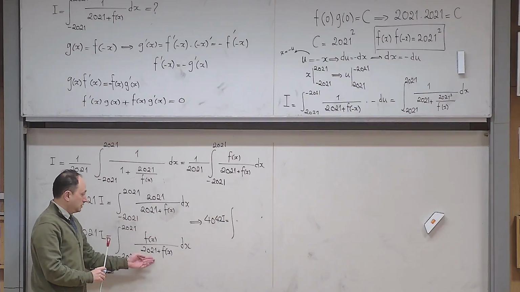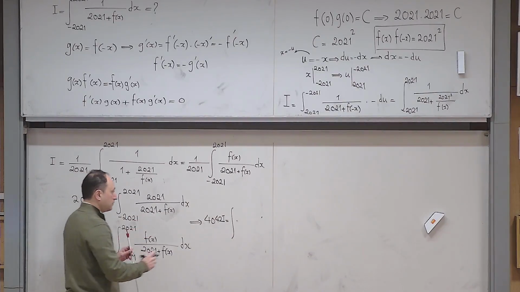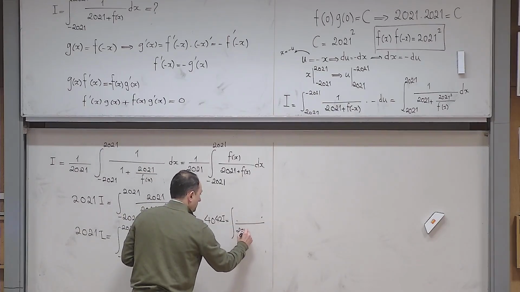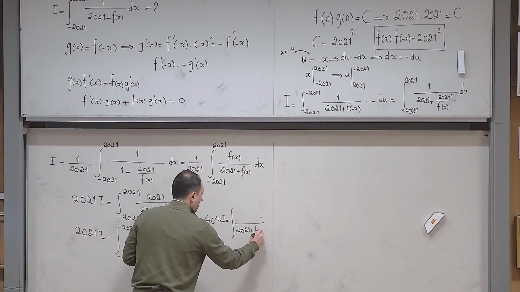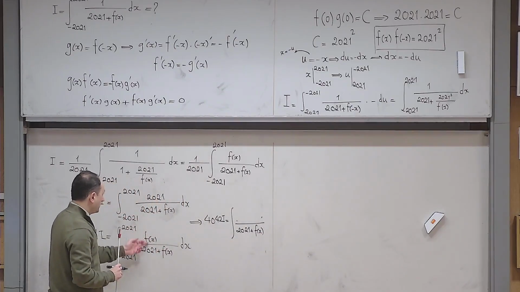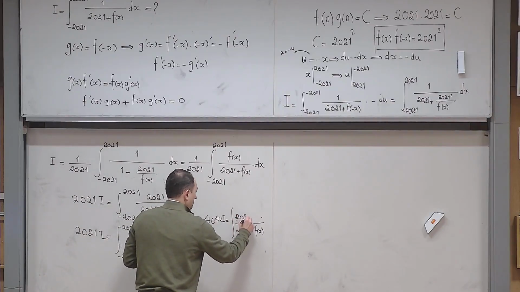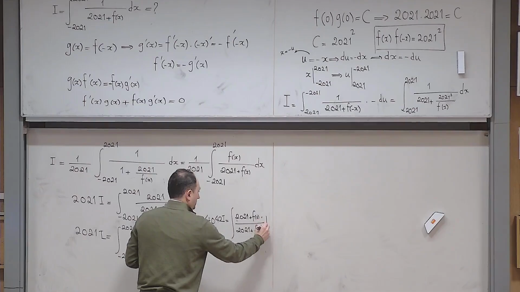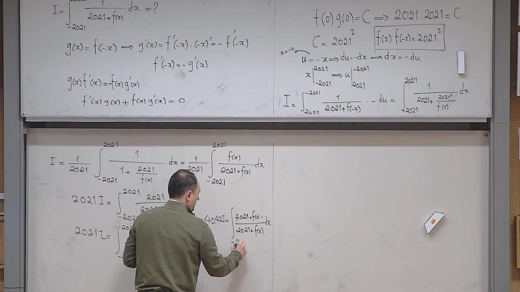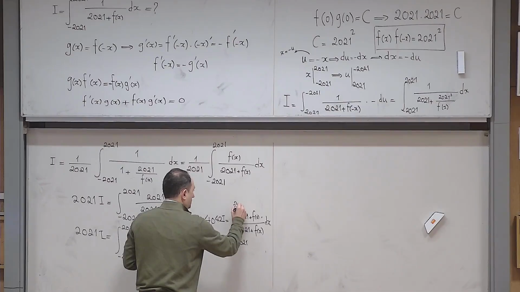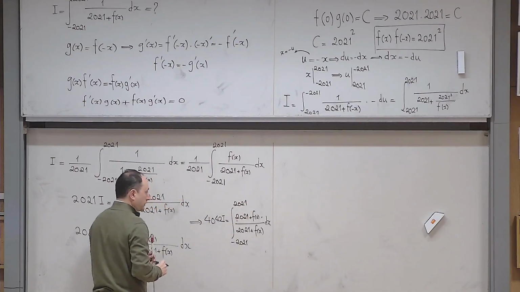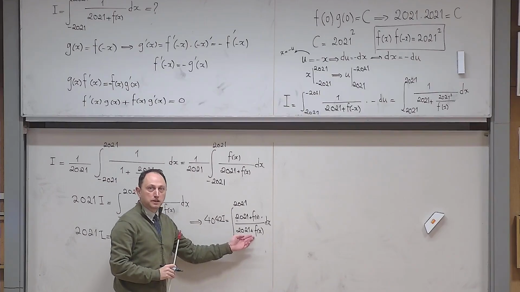But the denominators are the same, so I will write the same denominator, 2021 plus f of x. But then I also have to add numerators, 2021 plus f of x. And then I have dx. But it goes from minus 2021 up to 2021. But this fraction is just simply 1.